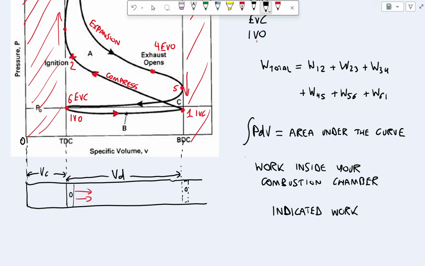So they just decided to call it indicated work. Now, what we're going to look at in the next video is what brake work is. And essentially, brake work will take into account the loss to friction, and it will be the work at the output of the engine rather than just the theoretical work that is created by the pressure inside the engine.